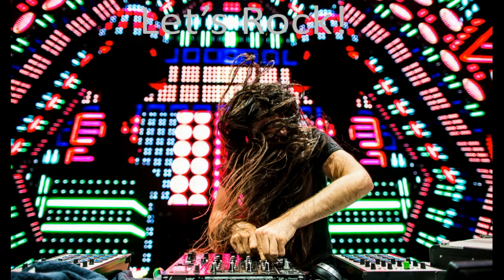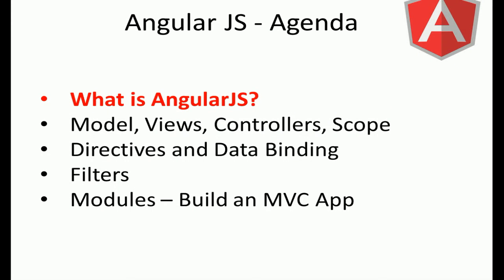Okay, let's go. First, the agenda, starting with what is AngularJS? Angular is an example of an MVC framework, and we will look at each of these constructs, the model, the view, and the controller. Then we will explore the amazing scope object.